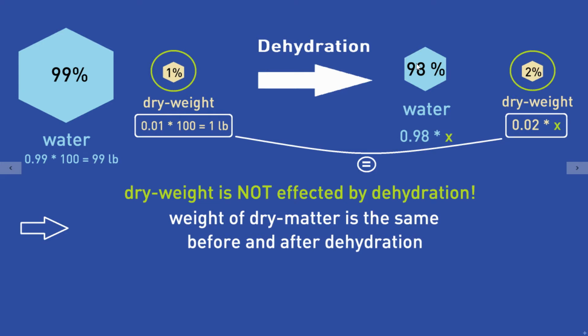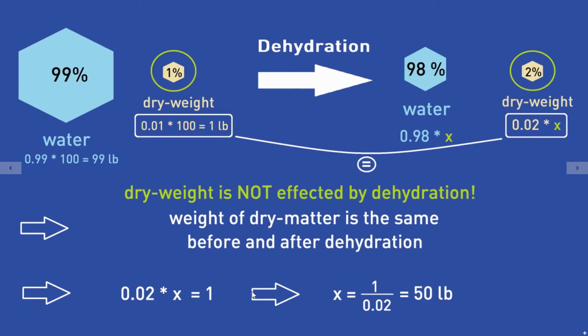Which means this number here, which describes the weight of the dry material before the dehydration, has to be the same as this number here, which describes the weight of the dry material after the dehydration. So once again, the dry weight has to be the same before and after the dehydration. So we get this formula here.